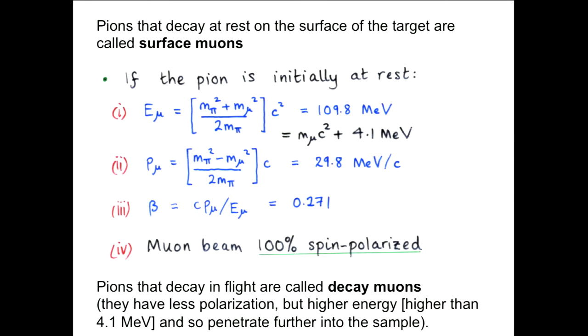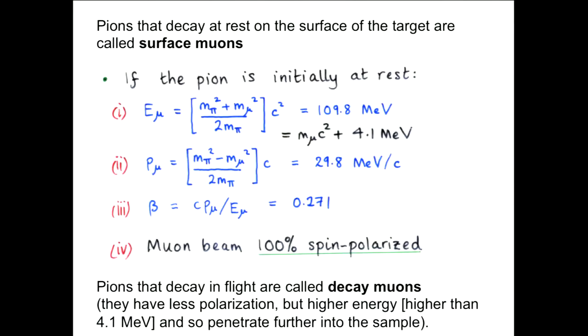And the numbers that you get out are an energy which is roughly the rest mass energy plus 4 million electron volts. So your muons will be coming in the beam with an energy of 4 million electron volts. The speed is roughly a quarter of the speed of light.